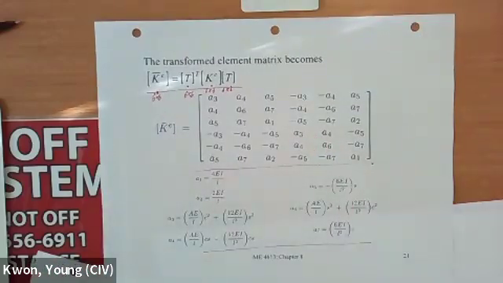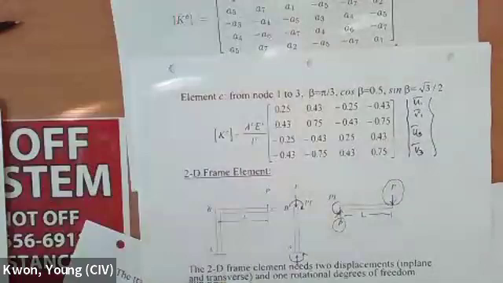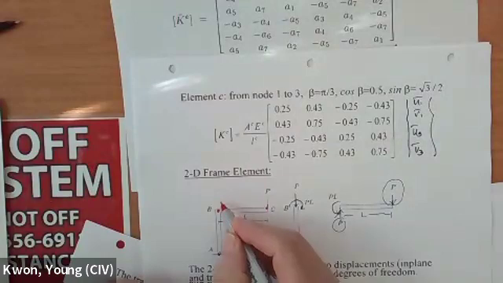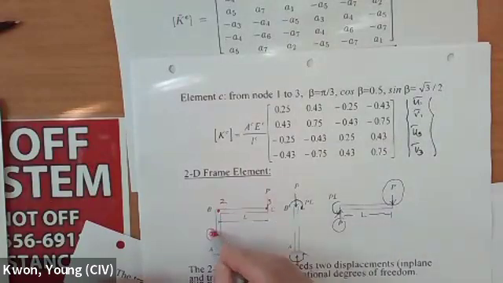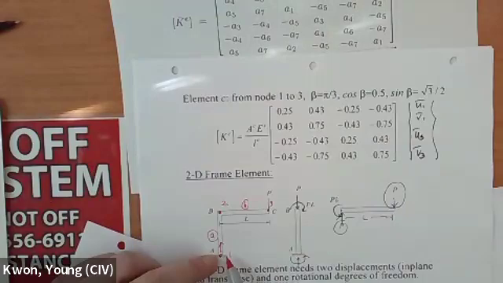So if you go back to the example we talked about in here, if you're going to analyze this example here, then if I say this is going to be node 1, 2, 3, I'm going to use just 2 elements, A and B. Then if I say this is going to be my local coordinate system, then angle beta is going to be 90 degrees.